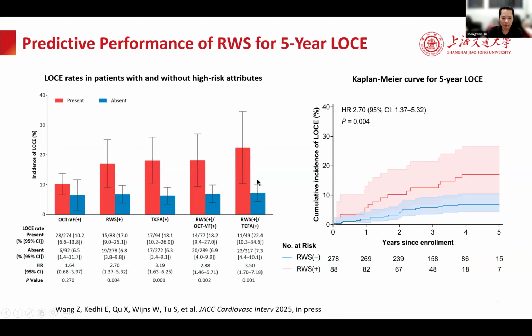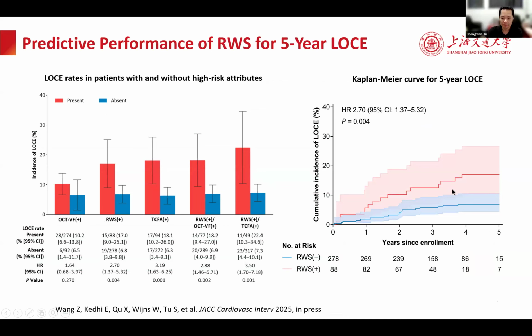How about the correlation with clinical events? As you can see, these are the independent parameters that predict future target vessel failure or lesion-oriented cardiovascular events. If you add the radial wall strength and the TCFA together, it gives the highest hazard ratio, 3.5 in this population.